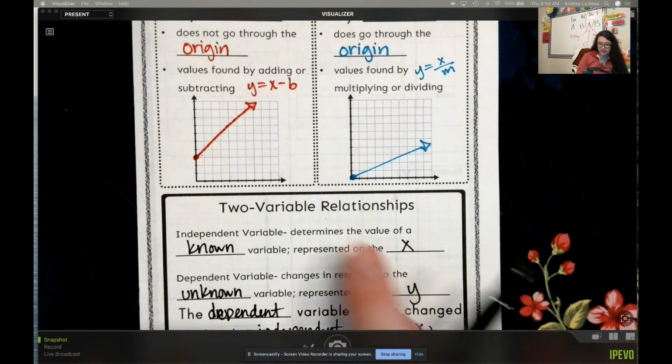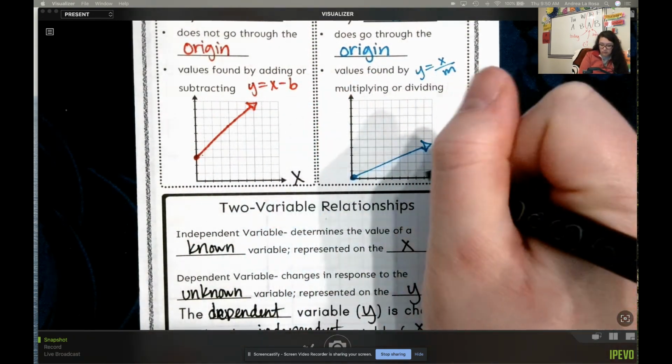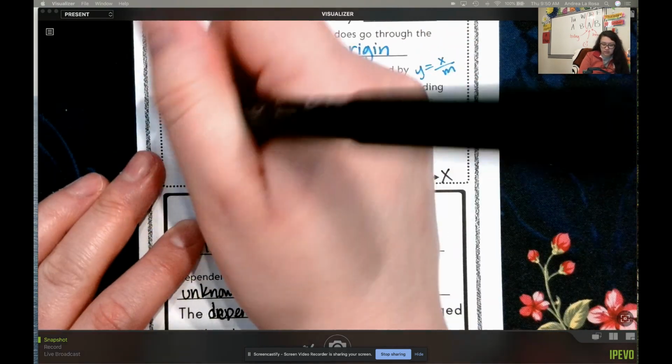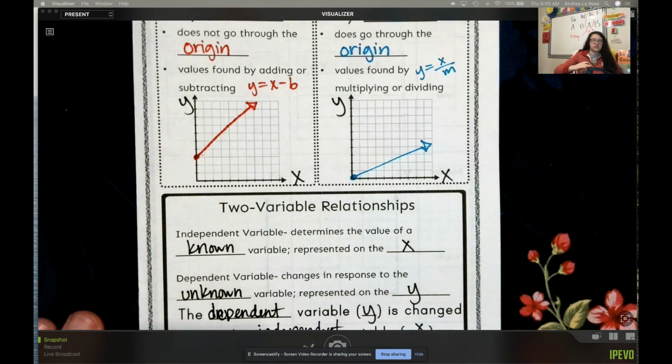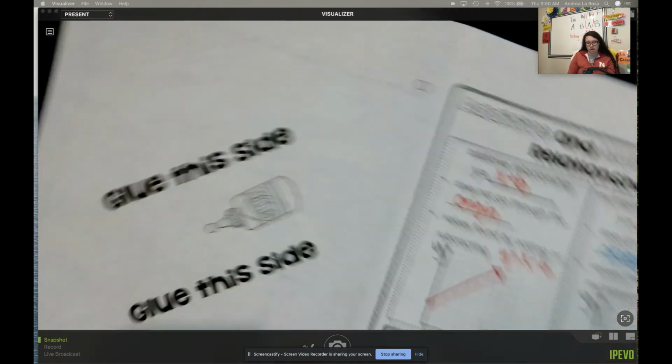Remember, on your axis, the x is the horizontal axis, and the y is the vertical axis. X is on the sides, y is on the vertical side. All right, we're going to pause the video. Let us know if you have any questions. Otherwise, we're going to keep on keeping on.